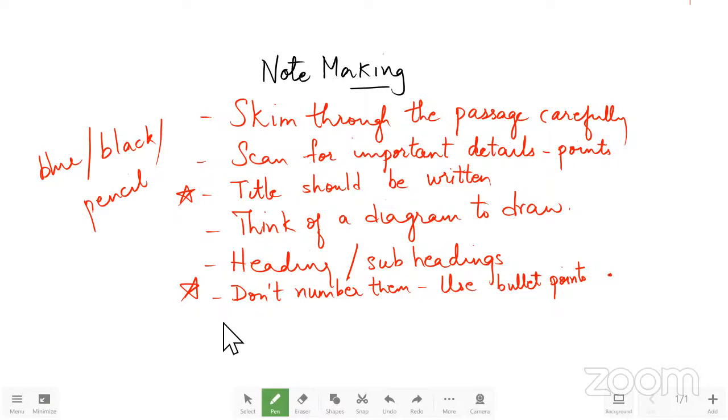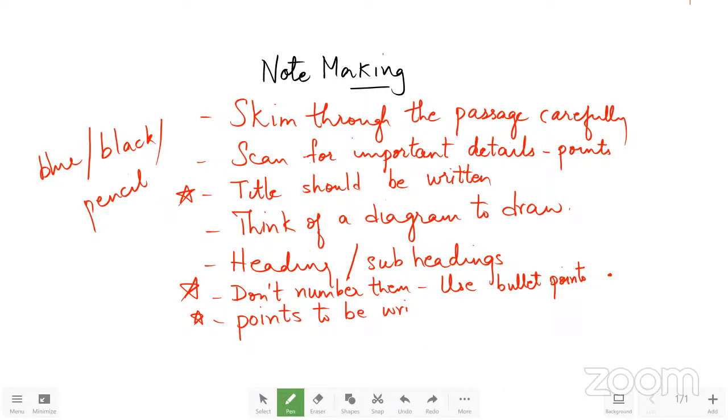Next, when you are writing subheadings and everything, it should be appropriate. Under that, you give a heading, highlight it, and under that, using bullet points, write the points.